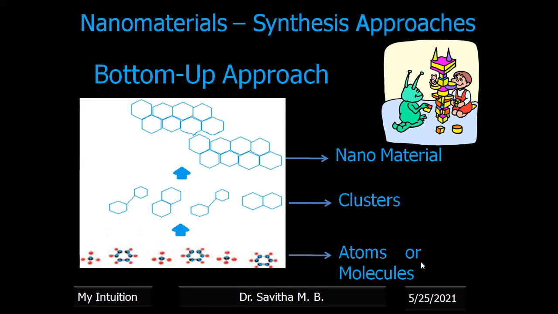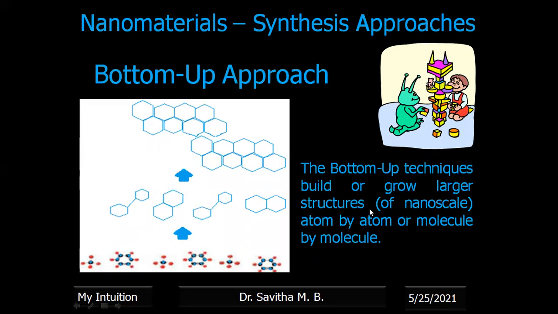It is again a group of molecules or group of atoms, but the size of that is in the nanoscale. Generally the bottom-up process is adopted to grow larger structures, that is gathering atom by atom or molecule by molecule to the required size.